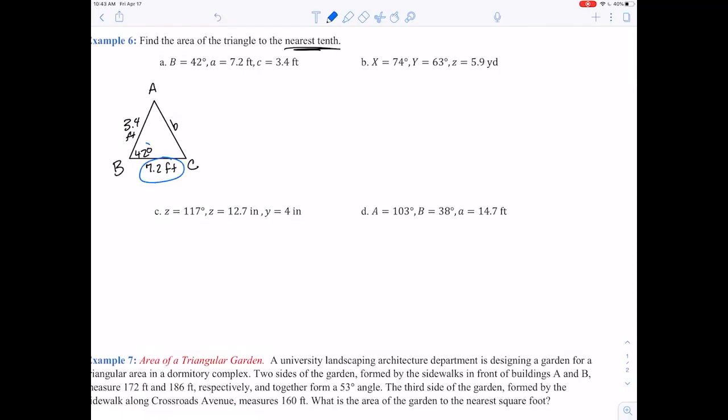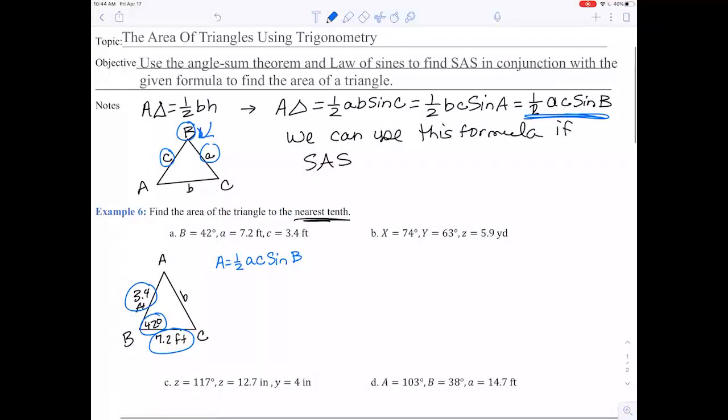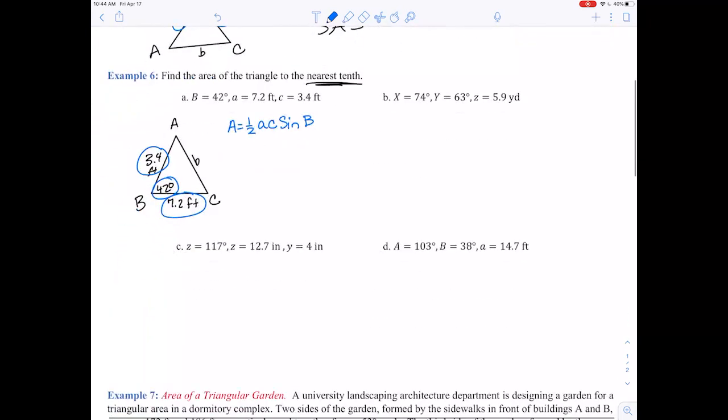If you'll notice here, that's exactly what we have, side angle side. So we could say the area is 1/2 of side A times side C times the sine of angle B. That's the third formula up there. We'll go ahead and plug that in: 1/2 times 7.2 feet times 3.4 feet times the sine of 42 degrees.